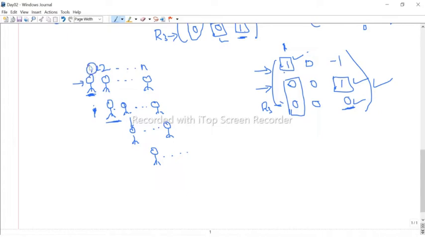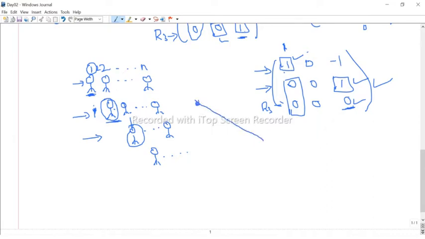The first person appears in the first position in the first row, but in the second row the first person appears after that, maybe in the second or third position. In the third row, the first person should appear in the third or fourth position or later, but not in the first or second position. So this is an echelon form.